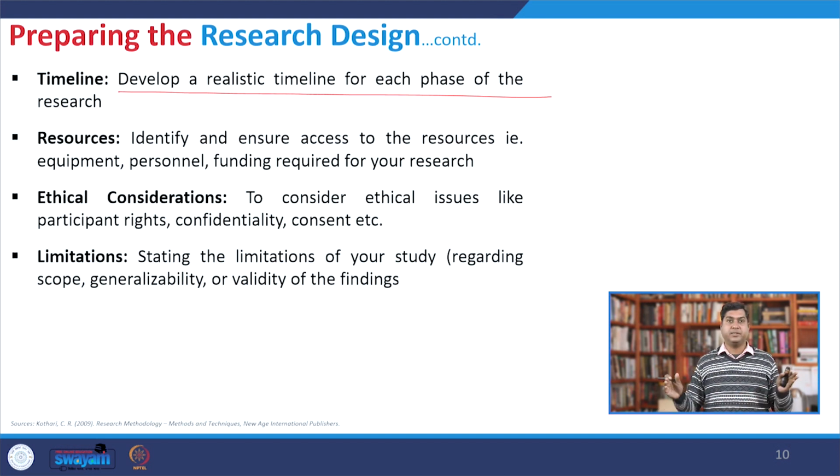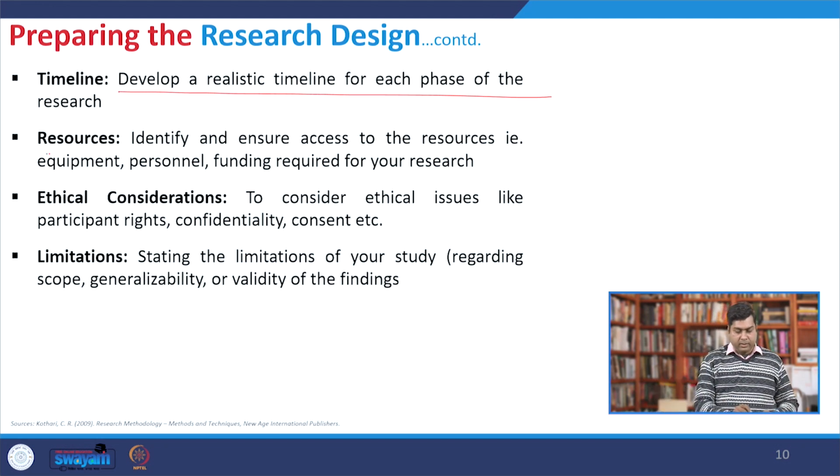Accordingly you can phase out your entire program. Objective 1 will take, say, x number of weeks, and within that again you can subdivide. This is a very good structuring of your entire research plan, so that you can always check your status, and if you are lagging, you have to speed up and manage your time.